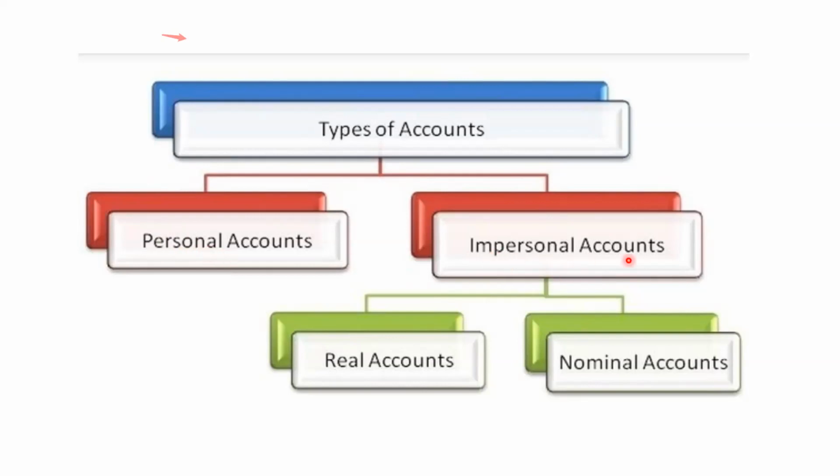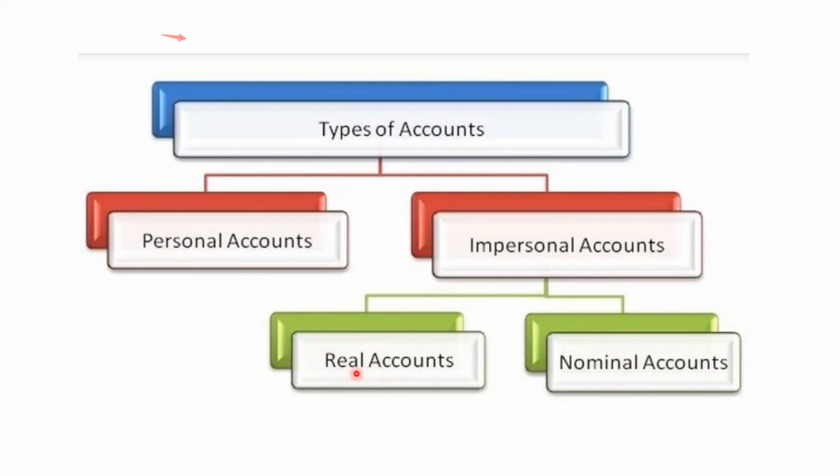Here, impersonal means the person is not coming into the picture. The business is coming into the picture. So what are the two types of accounts in impersonal? One is real account, one is nominal account. Real means it is not real or false, true or false, that kind of thing. No, real means real estate.